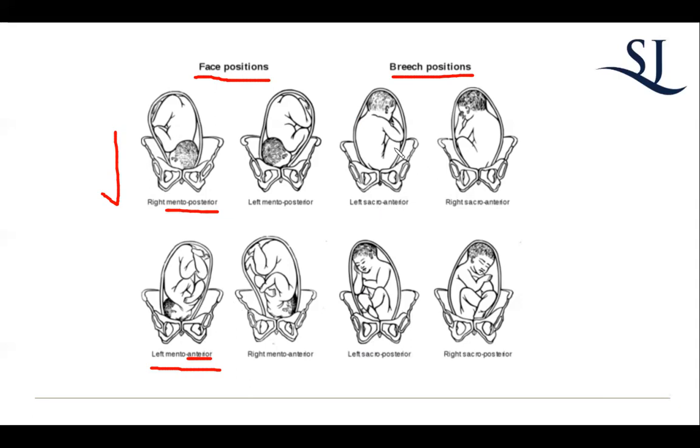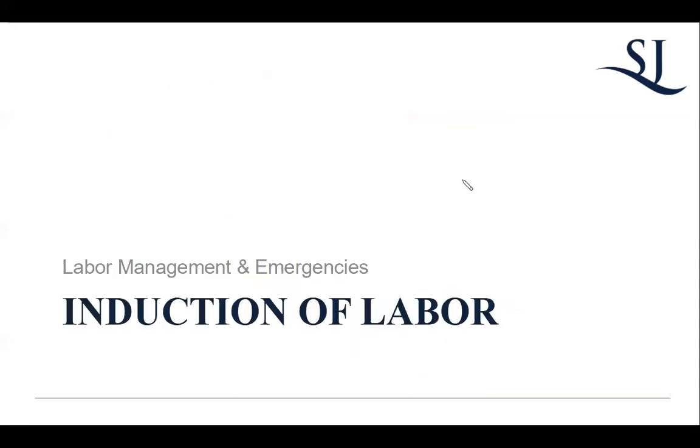Breech presentations, where the feet are the presenting part, have different designations, but they're not practically applied because it's just breech. Your management is the same regardless of whether it's anterior, posterior, whatever, but it's sacrum then. But that's not a common thing. You'll see it in the book, but don't even worry about it. It doesn't change your management.